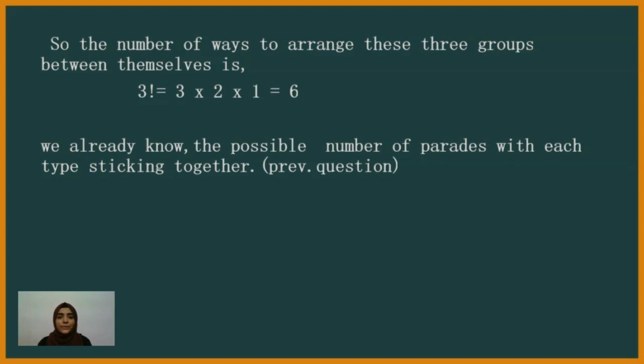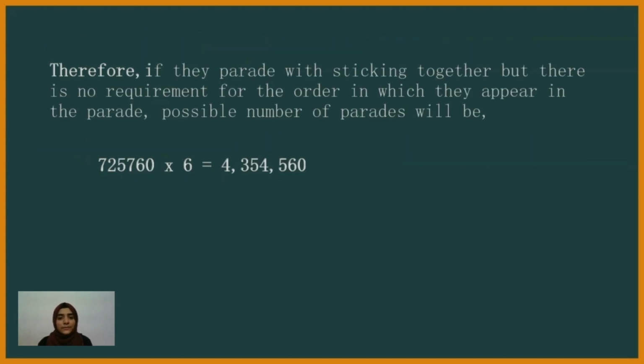We also know the possible number of parades with each type sticking together, which we discussed in the previous question. We have already seen the answer. So, if they parade sticking together, but there is no requirement for the order in which they appear in the parade, the possible number of parades will be 7,25,760.